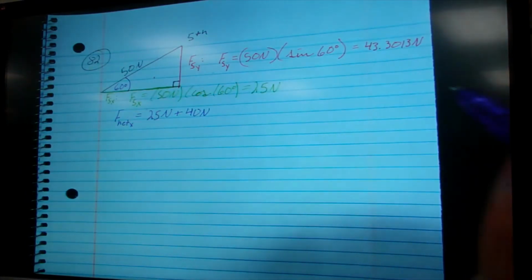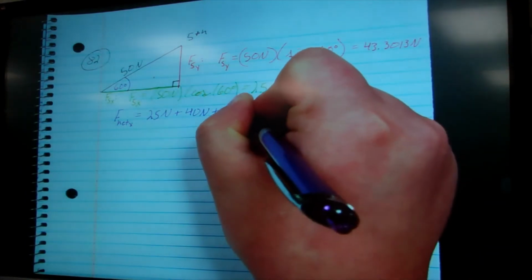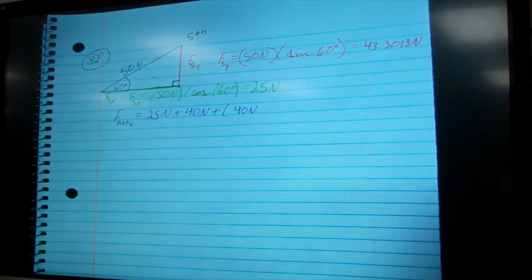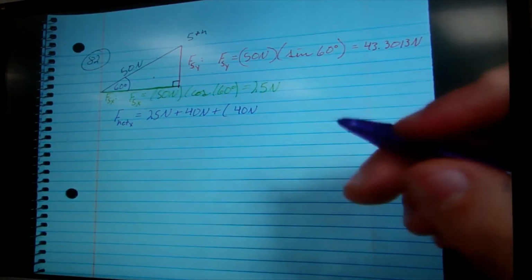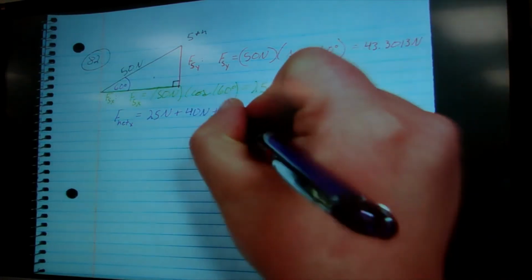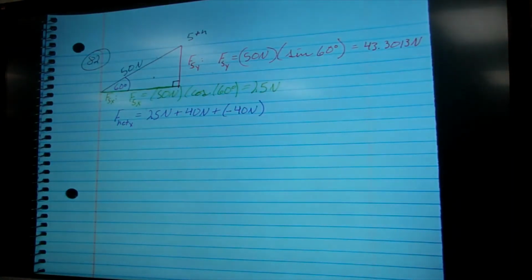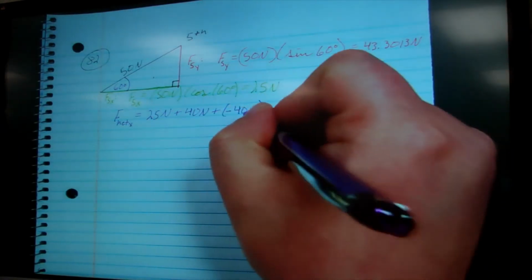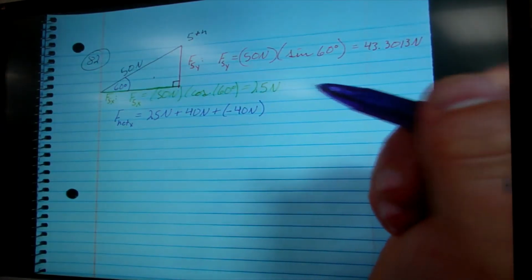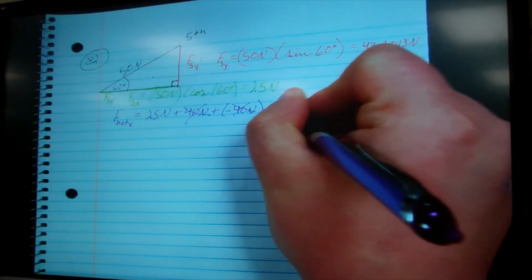Then you look over on the other side. There is a 40 newtons again that goes in the negative X direction, which means that has to be negative. Can we just not write the 40 newtons at all? You can. I'm writing it because somebody would ask, what about those? Look, positive 40 newtons, negative 40 newtons. They are adding, so they cancel. So the X component is 25 newtons.